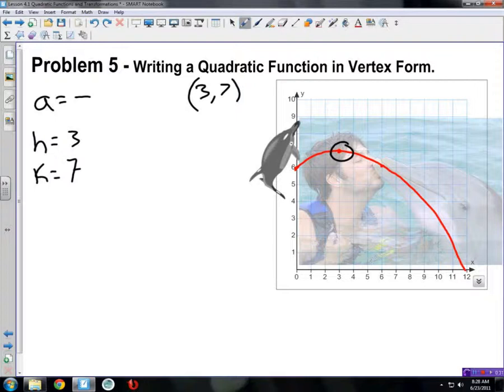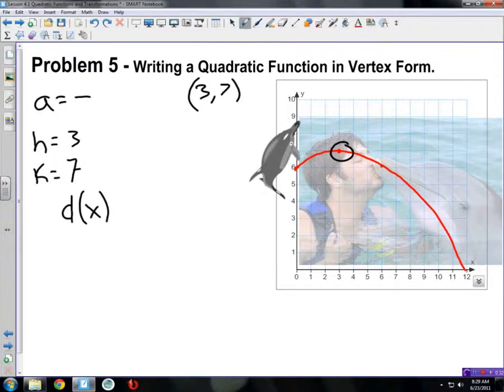Now, next thing is, you can say is it stretched or compressed? It looks compressed to me. But I don't quite know what it's going to be by now. I could take a good guess, but that's not exactly right. So let me just go ahead and plug in what I have now so I can see what it looks like. Let's call this one D of x. D for dolphin.